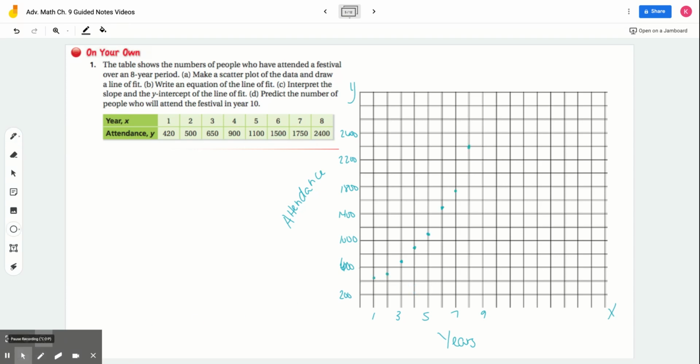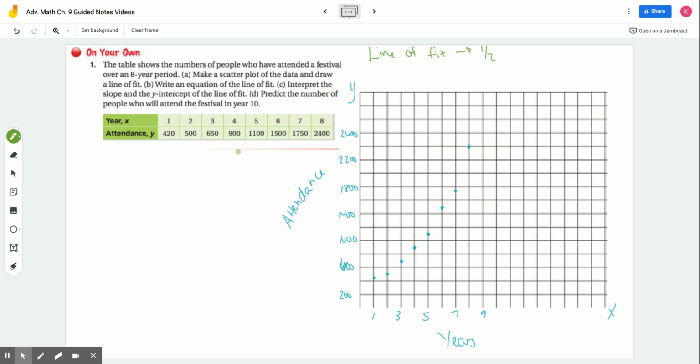Okay, now in order to draw the line of fit, you need to use a ruler or a ruler tool to draw a straight line. The rule of a line of fit is that it should split the data evenly. This means that about half the data should be above the line and about half the data should be below. Here we have 8 data points, so half of that would be 4.